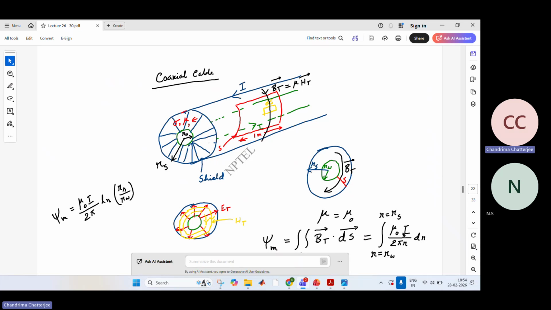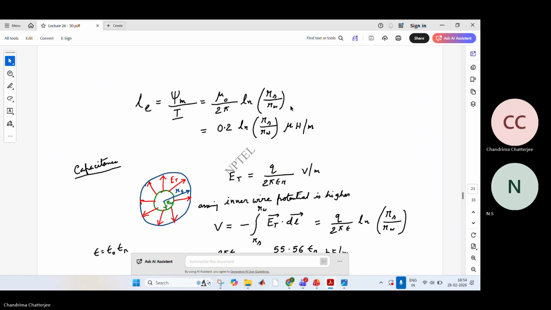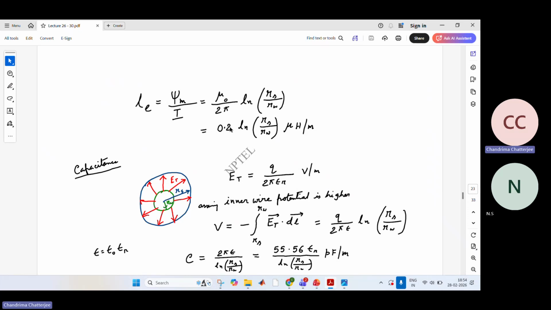B we already know: mu naught I by 2 pi r. How? From Ampere's law, H dot dl is equal to I enclosed, and B is equal to mu naught H for free space. So we get mu naught I by 2 pi r. If you integrate it and simplify, it comes to 0.2 ln Rs by Rw microhenry per meter. This is for a coaxial cable.